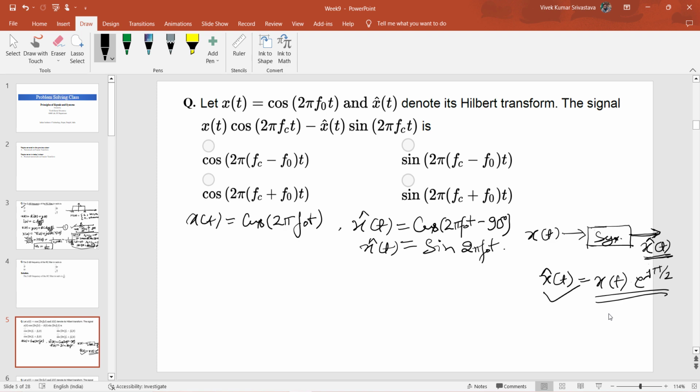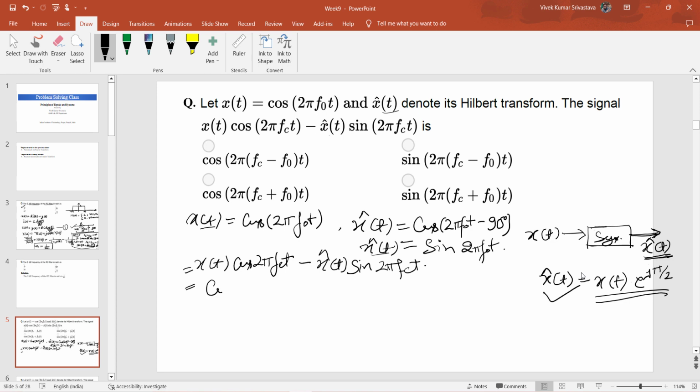Okay, so once you know the Hilbert transform of this function, now you can substitute the values of x(t) and x cap t in this problem. So x of t cos of 2 pi fct minus x cap of t sine of 2 pi fct. Okay, so now we can substitute the values of x(t) and x cap t in this equation.